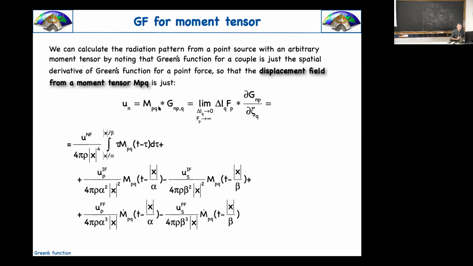For a pure shear dislocation, their sum is 0, and one of them is 0. Okay, we know that, and we have a double couple. But in general, we may have 6 independent terms, and maybe we can have also the diagonal. So we can imagine that each component of a moment tensor is a couple of forces, dipoles or couples, if you remember.